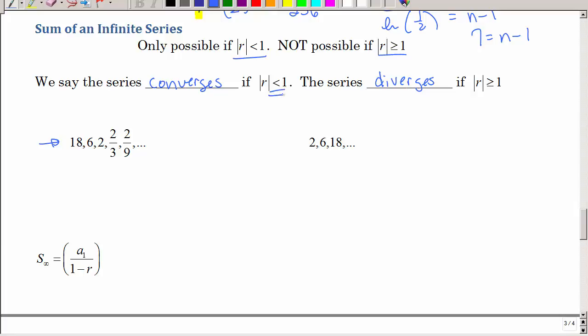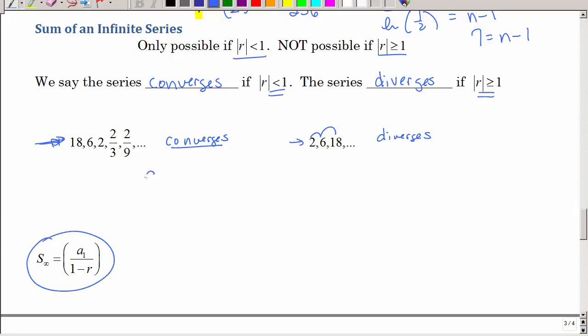Is it getting smaller or is it getting bigger? The numbers are definitely getting smaller, so we say it converges. This one definitely getting bigger, so it diverges.